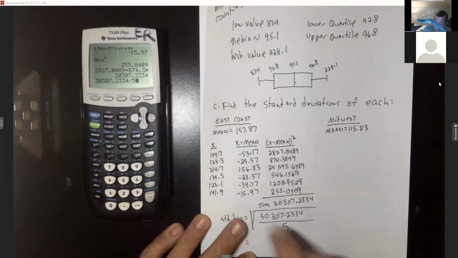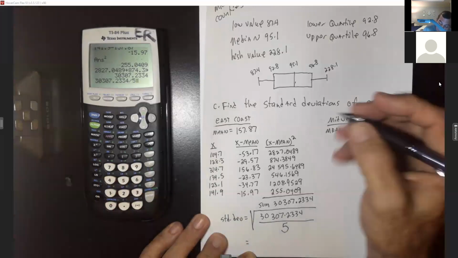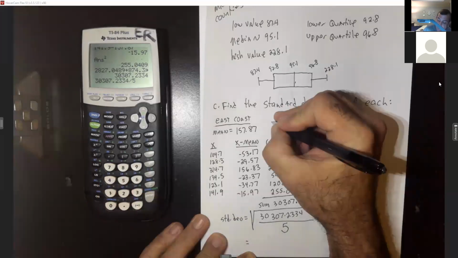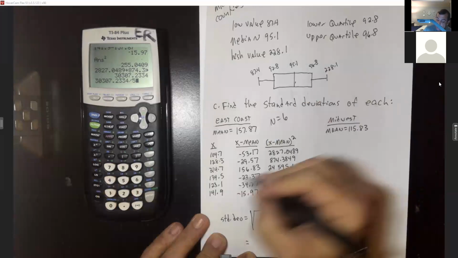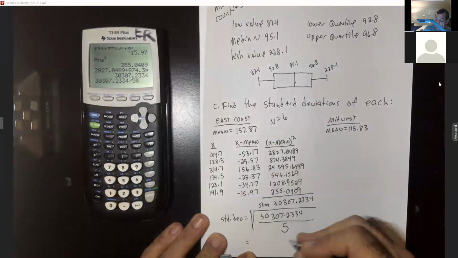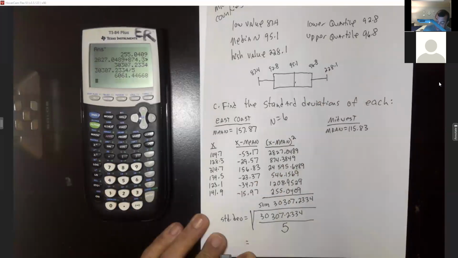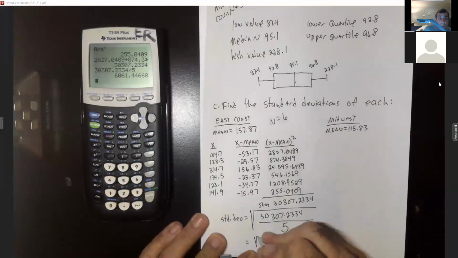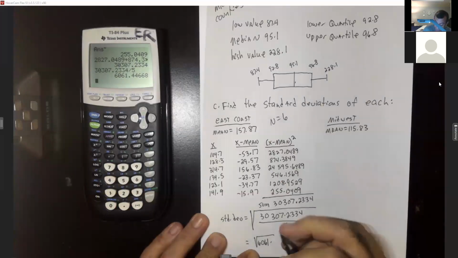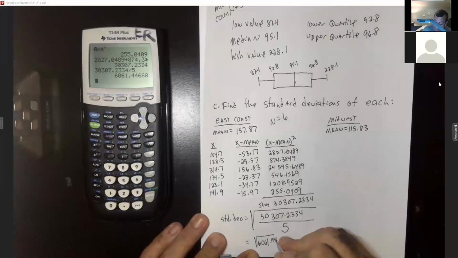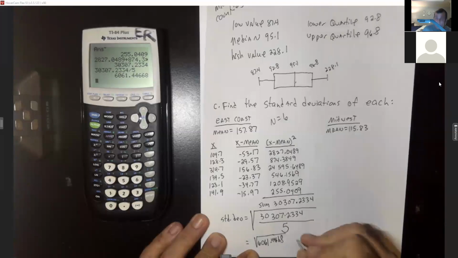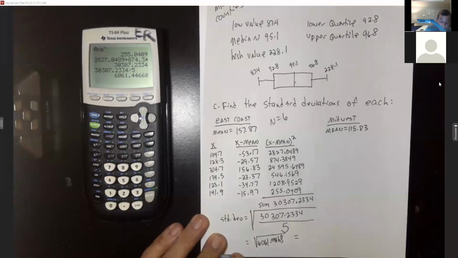Remember, n is always the total number, so n equaled 6 because we had 6 data points. So that had to be 6 minus 1, okay? So divide that by 5. That's going to give me a square root of 6061.44668.